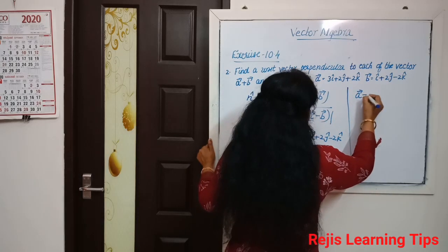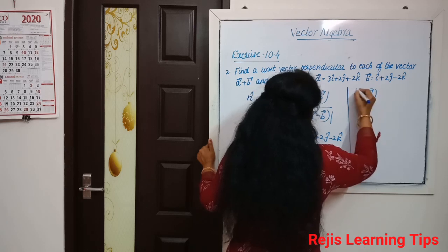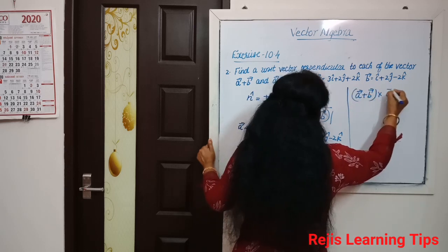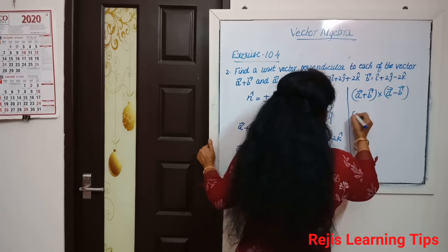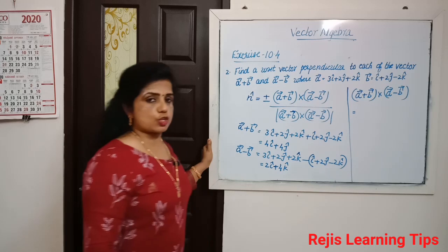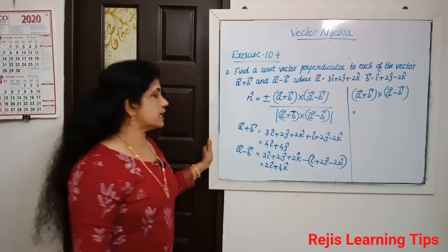Vector a plus vector b cross vector a minus vector b, that is equal to, how can we find out the cross product? By using determinant.